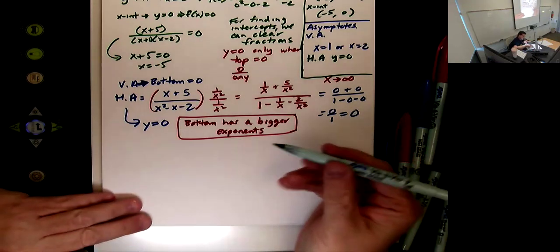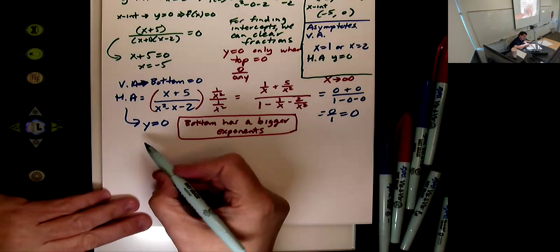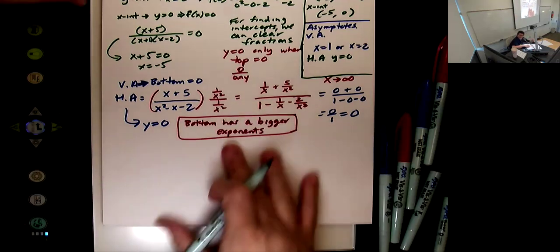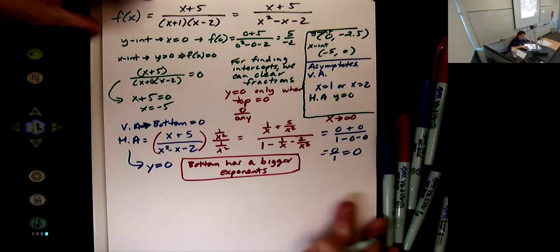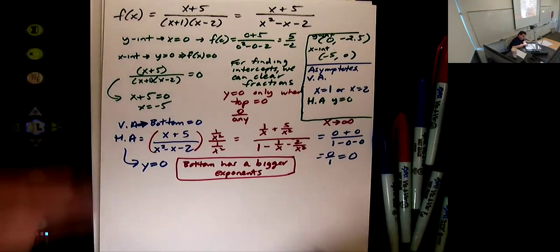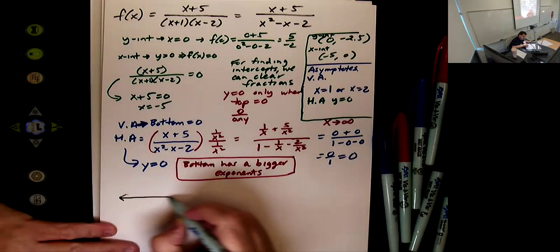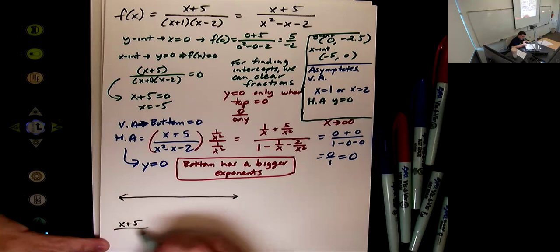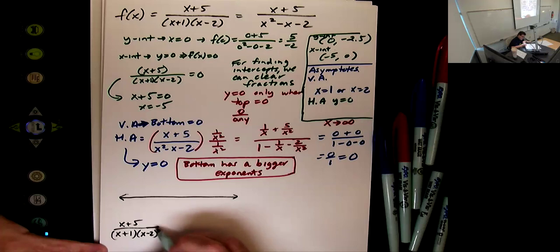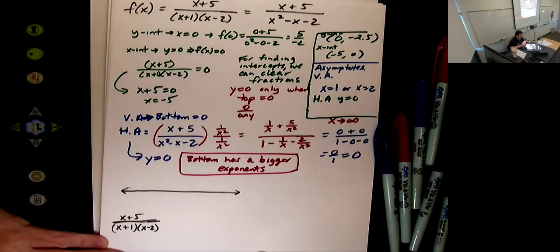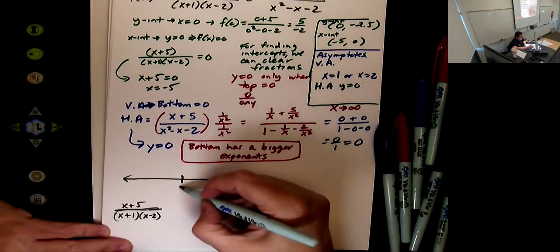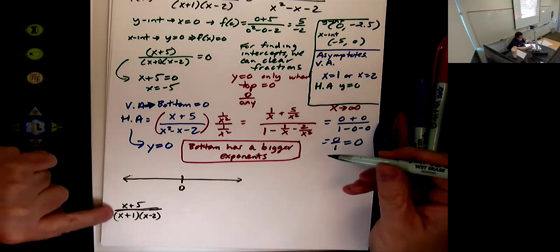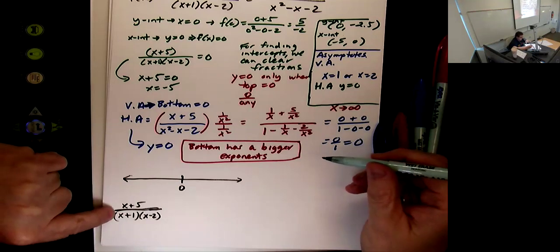And now I'm going to do a sign chart. And I'm going to use the factored form. We had x plus 5 over x plus 1, x minus 2. When we did the inequalities, anything on the bottom, where it's 0 on the bottom, we got a hollow circle.